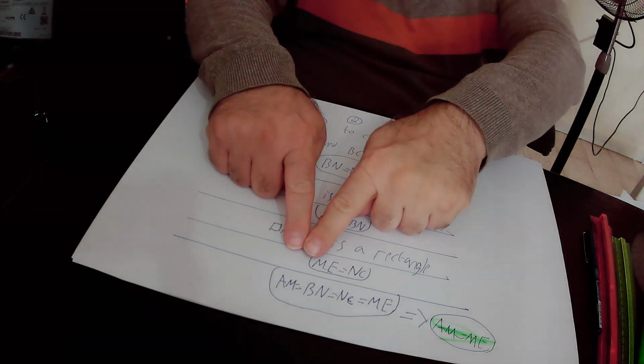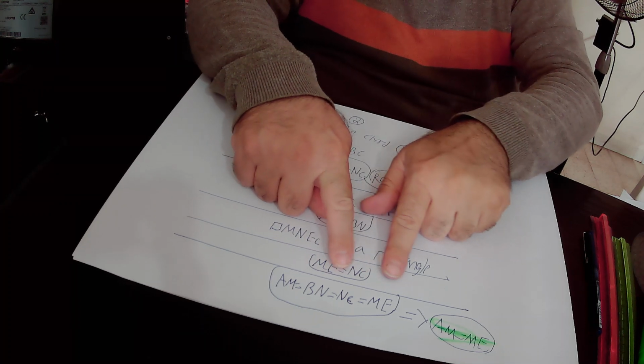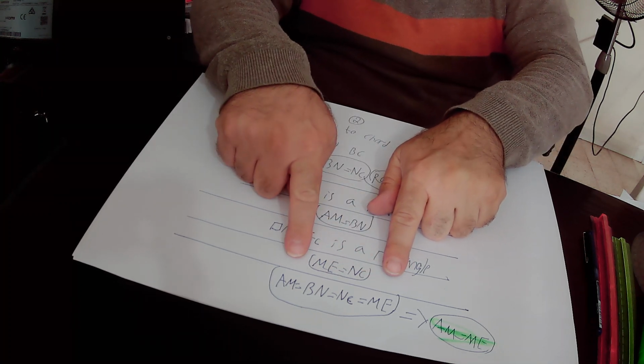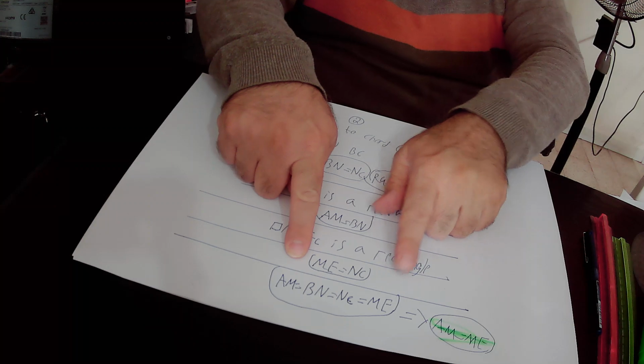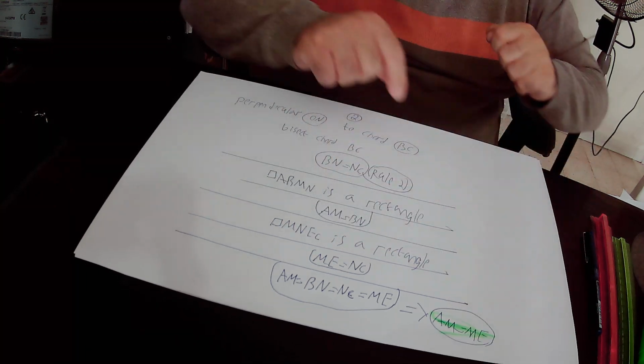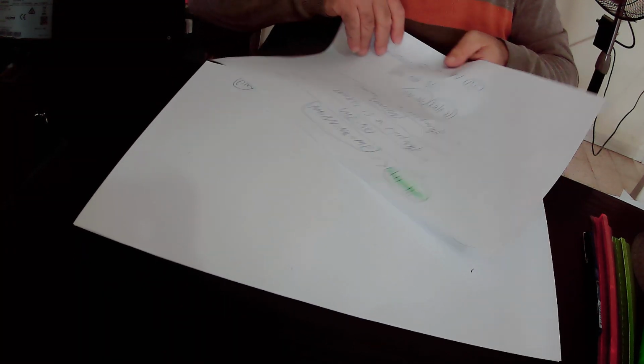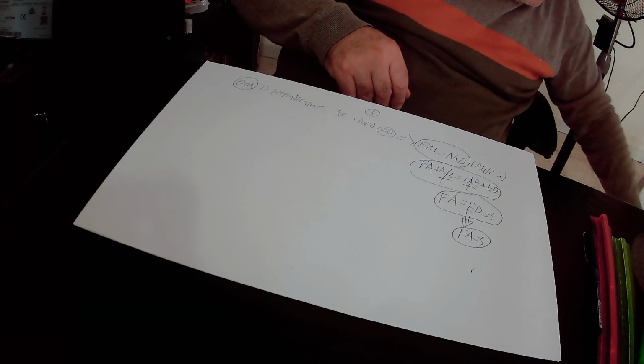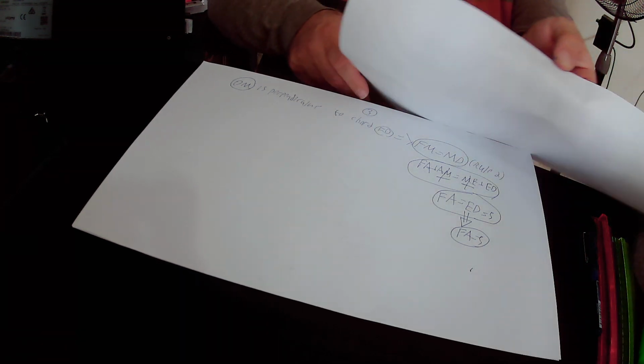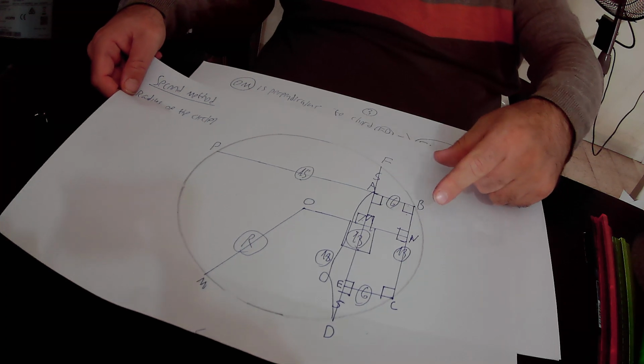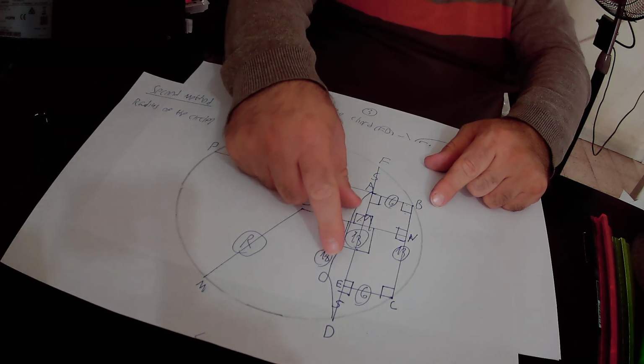From this long equation, AM equals BN equals NC equals ME, we derive that AM equals ME. Again, side AM equals side ME.